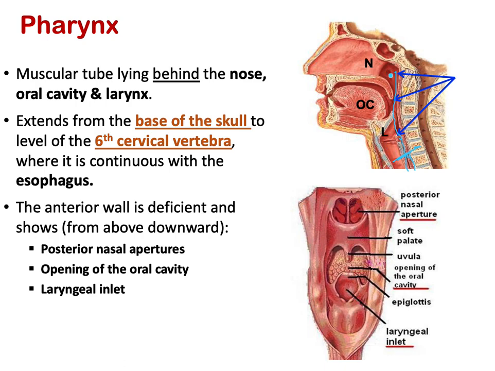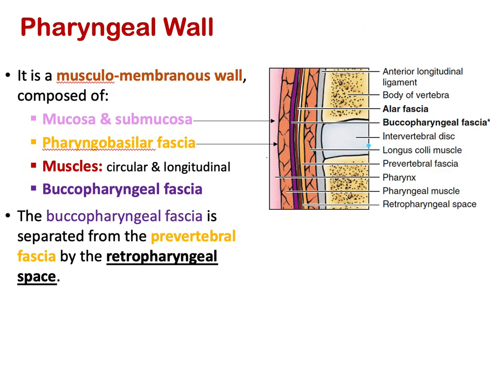It opens to the nose by the posterior nasal aperture, because this is the anterior nasal aperture and this is the posterior nasal aperture. Behind the mouth, it opens to the oral cavity through this opening, and it also opens to the larynx by the laryngeal inlet, the opening to the larynx. So this is a general view of the pharynx.